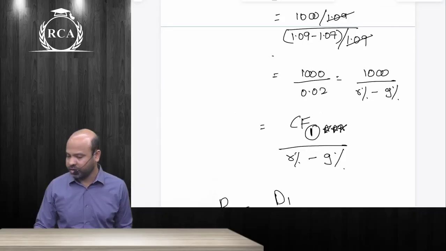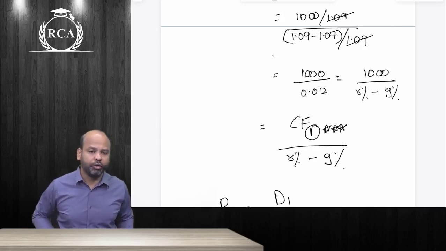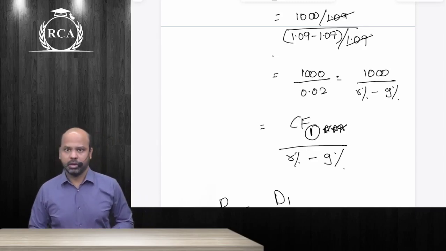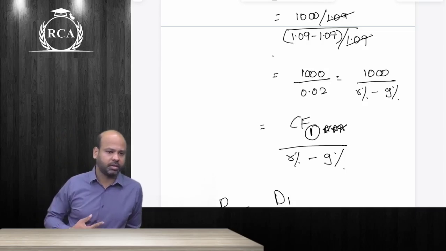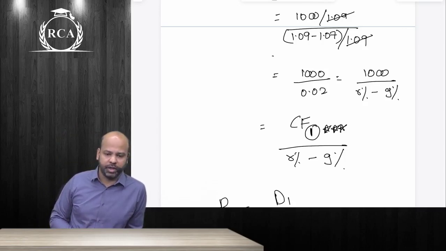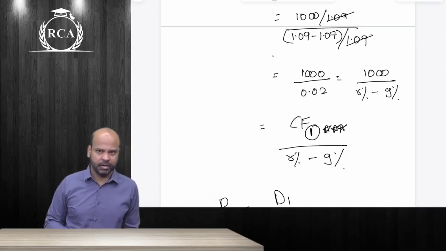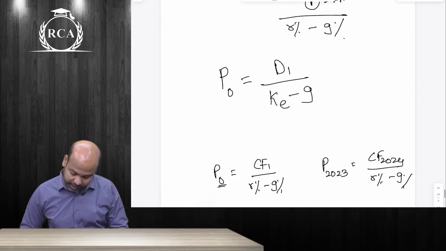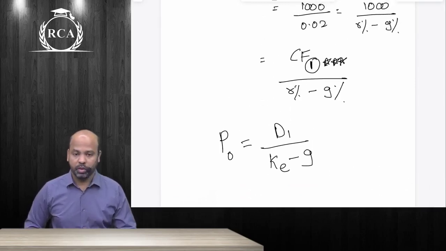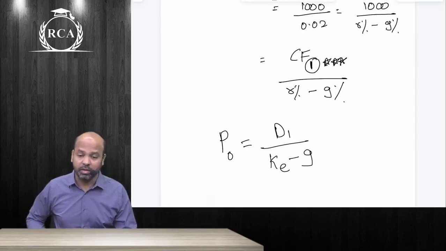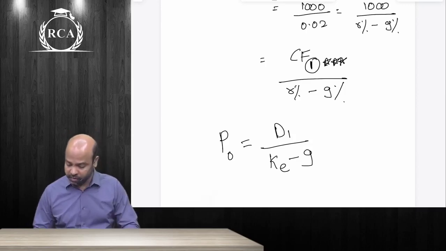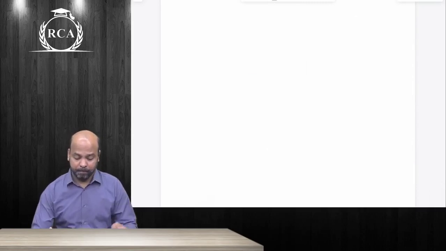The value of an equity share whose dividends grow at a constant rate will be D1 divided by KE minus G.